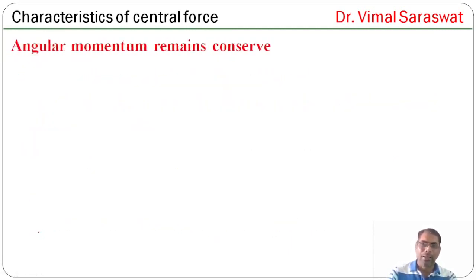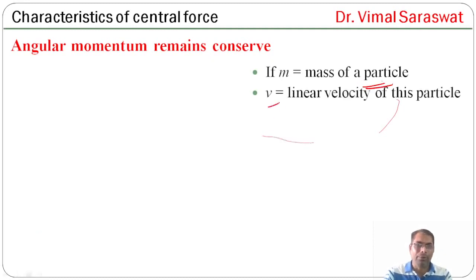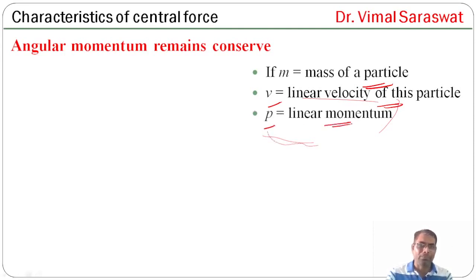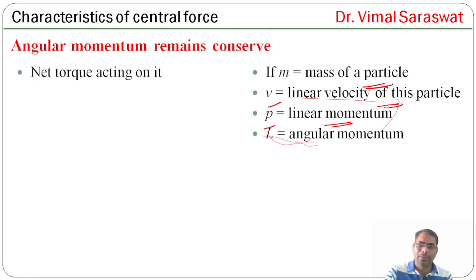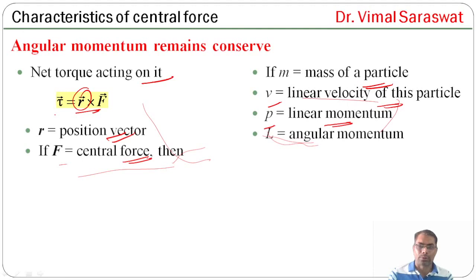Now, first one, angular momentum remains conserved. If m is the mass of a particle, v is the linear velocity of this particle, p is the linear momentum, and L is the angular momentum, then the net torque acting on this particle will be tau equal to r cross F, where r is the position vector and F is our central force, and central force is given by f(r) into r cap.